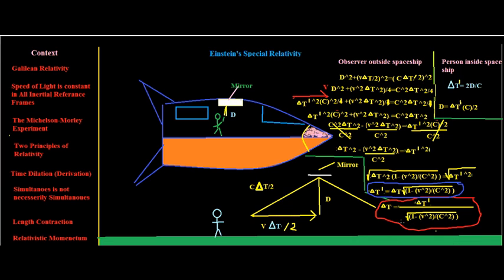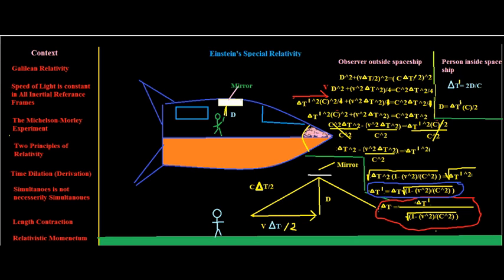Now notice that the time for the outside observer is dilated by a factor from the original time inside the spaceship. The time is dilated by a factor of 1 over the square root of 1 minus v squared over c squared.